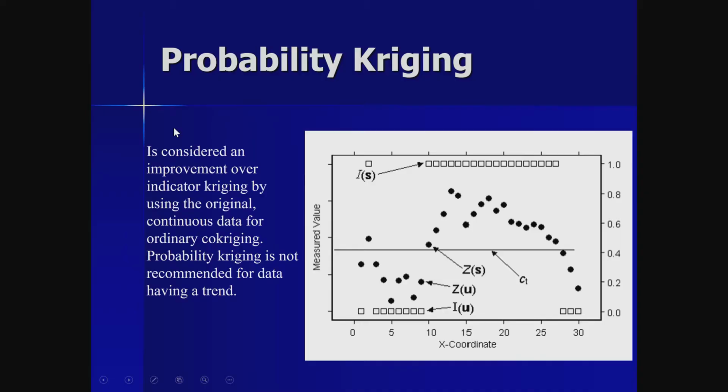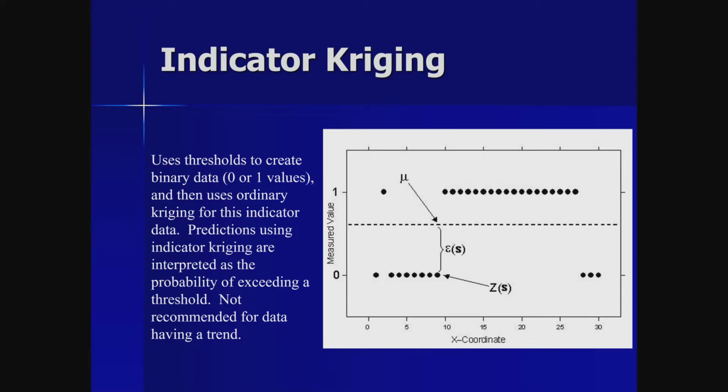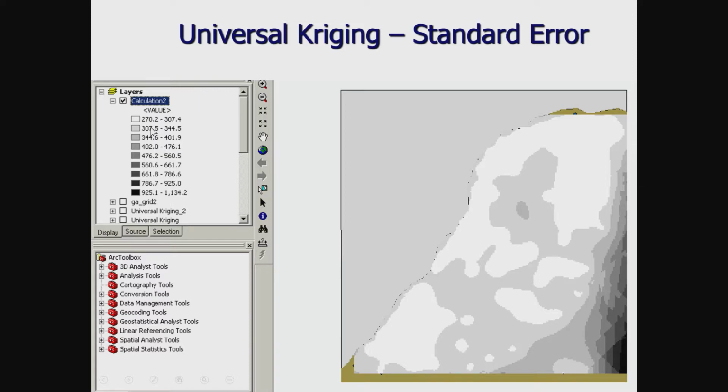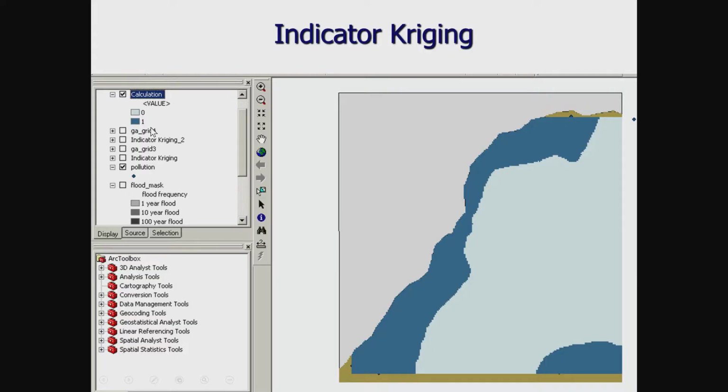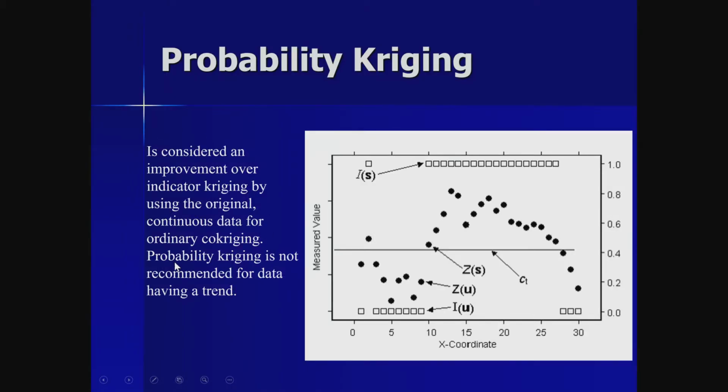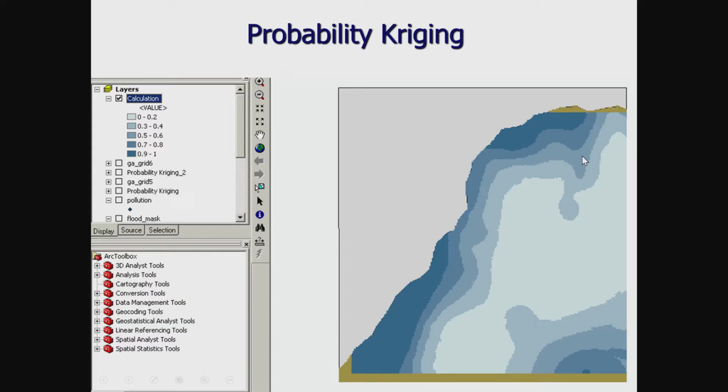So it's based on the standard error, but it's based on the standard error for, actually, I think you can choose. I'm pretty sure you can choose this for any of the kriging types, but this is definitely showing a simple kriging with just a flat trend or no trend, a flat mean. So this is probability kriging.